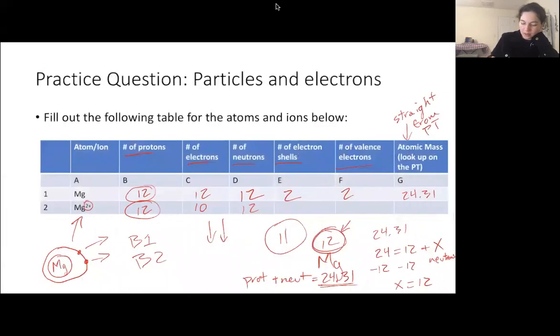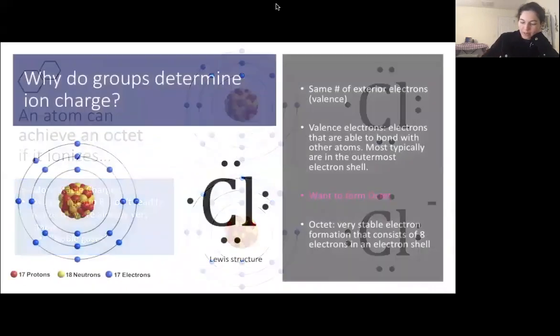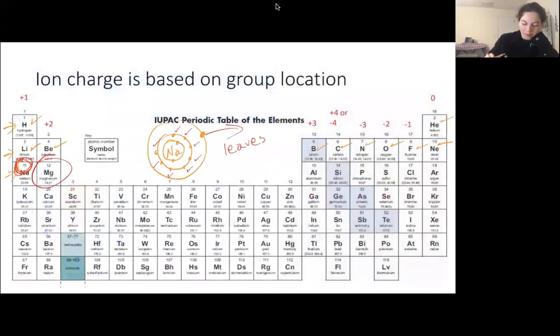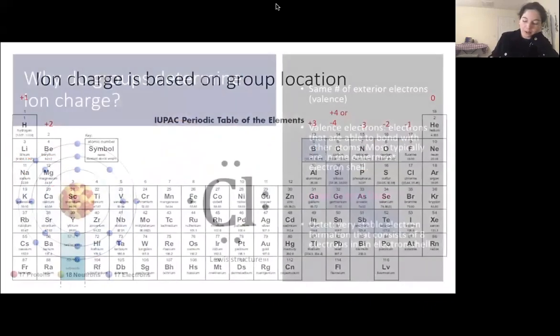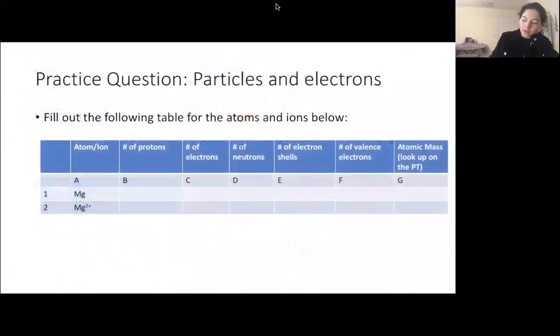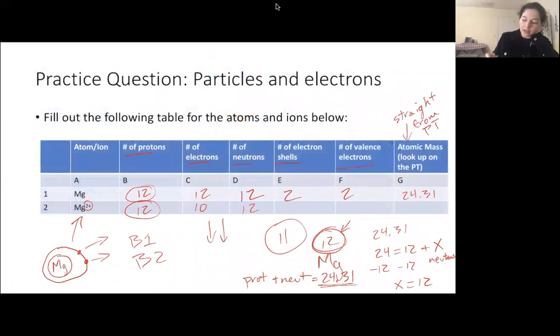I was hoping. Okay, we'll go back a little more. I apologize. Oh, sorry, it's in the third row. I made a mistake. Okay, it's in the third row, which means that it has 3 electron shells. Sorry.